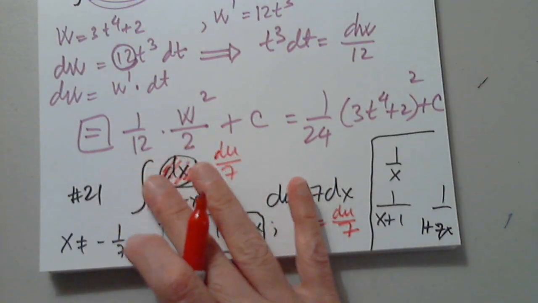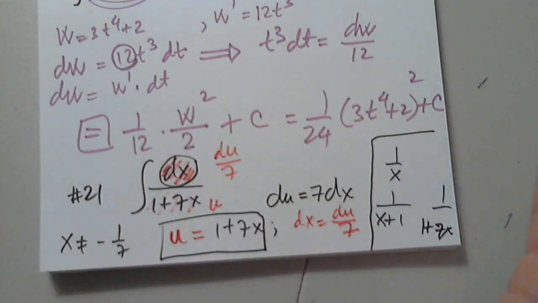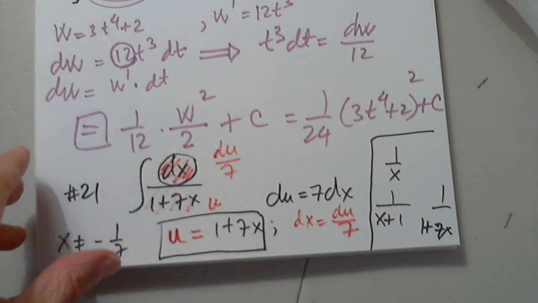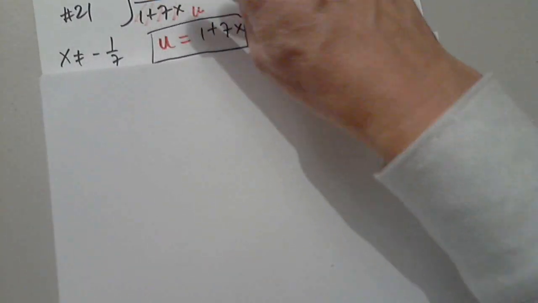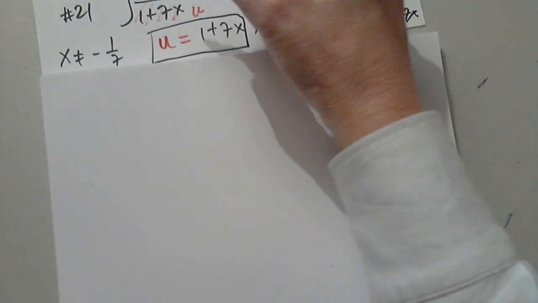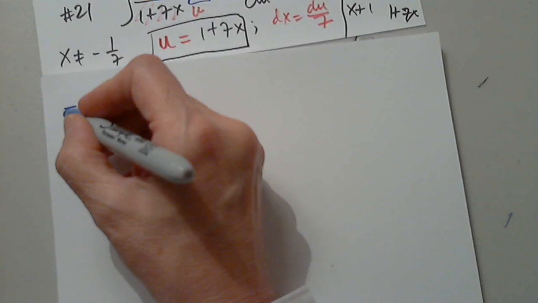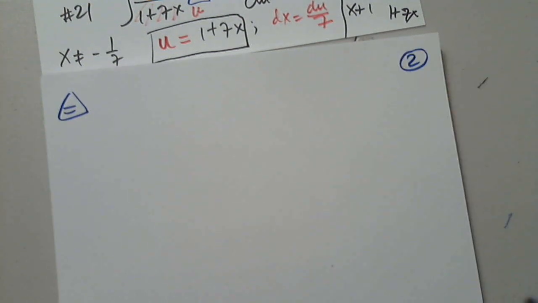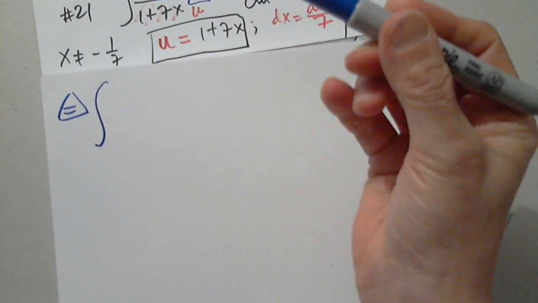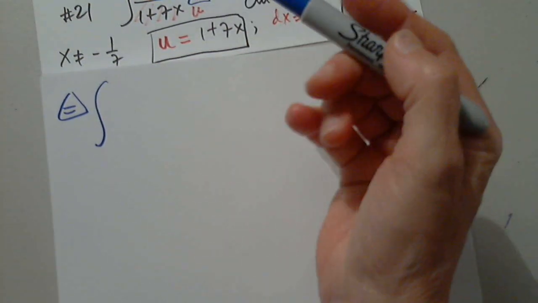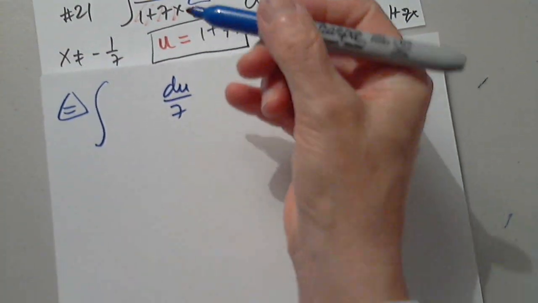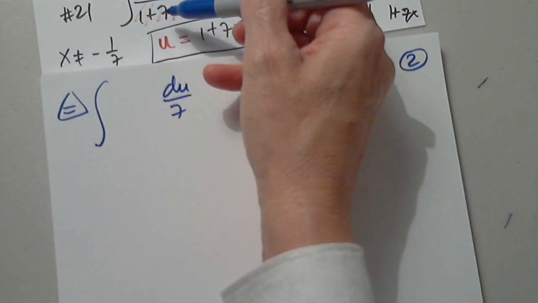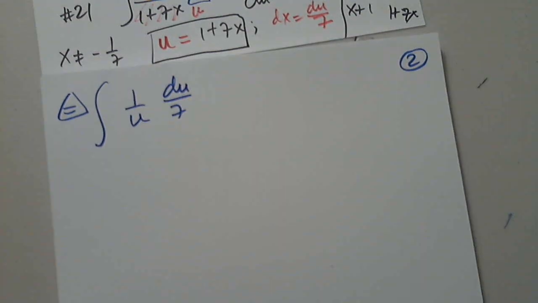So this piece is du over 7, and this piece is u. When I move from an integral in x, I completely move to an integral in u. I cannot have a mixed situation. It's not allowed, it's not possible. So this integral has only x in it; the new integral will only have u in it. dx is replaced by du over 7, and 1 over 1 plus 7x is replaced by 1 over u.